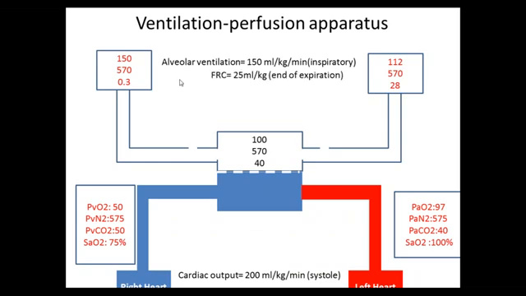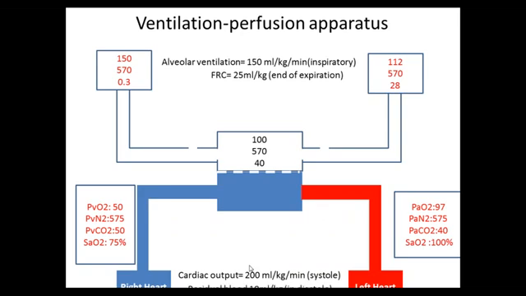We have to consider that alveolar ventilation occurs only during inspiration and perfusion occurs during systole. So at the end of expiration, you should have 25 ml per kg of air remaining in the lung.